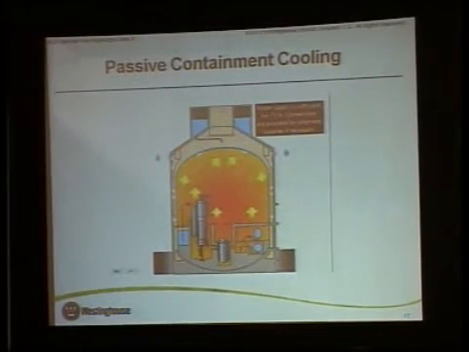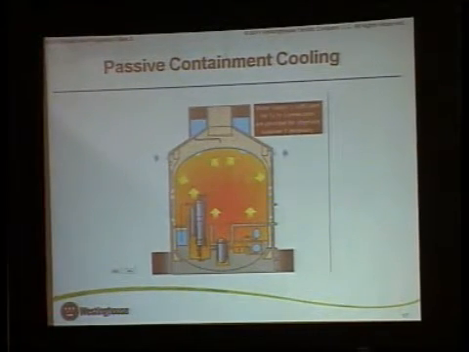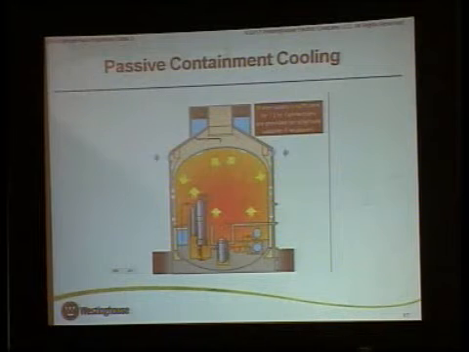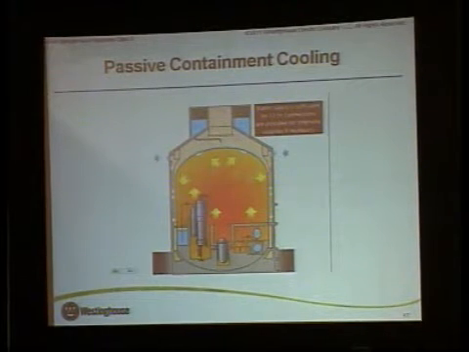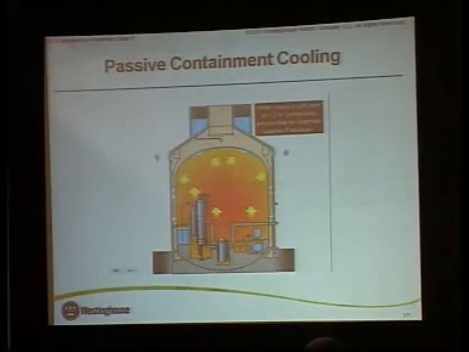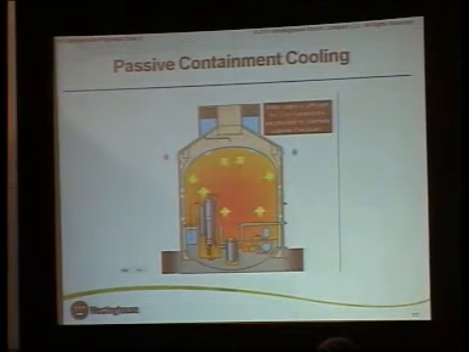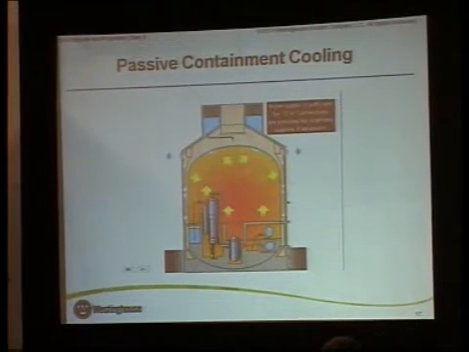There's enough water in the tank at the top of the containment for about 72 hours. After 72 hours, other sources of water are available to refill the storage tank at the top of the containment.